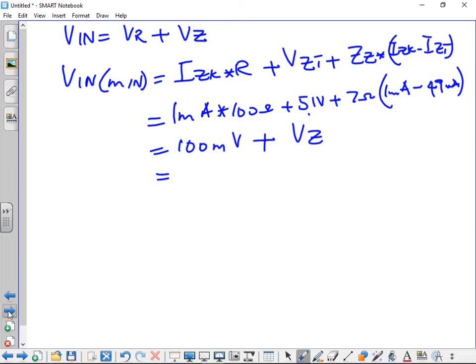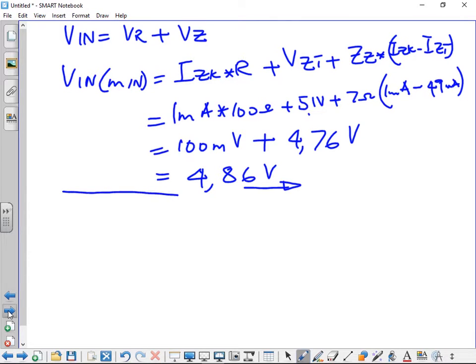And our output voltage here is 4,76 volts. So your minimum input voltage will be 4,86 volts. This is the minimum input voltage.